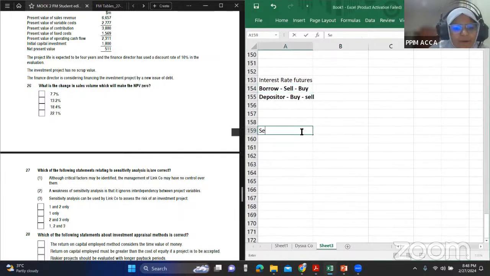So what are we talking about? We are talking about sensitivity analysis. How do we calculate sensitivity analysis? It is a very simple equation, right?